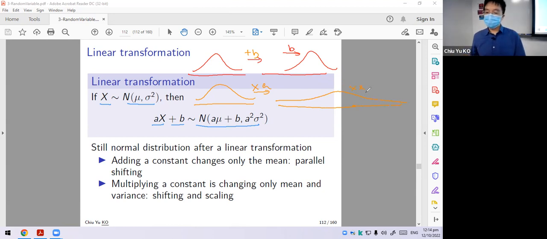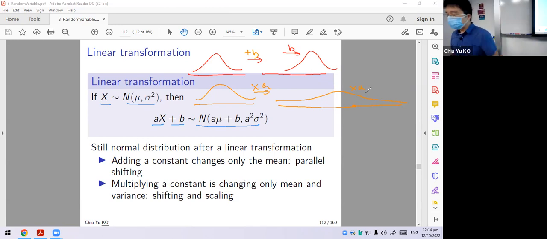This does not hold for many cases. Suppose exponential: you add a number there, and it's no longer exponential, because exponential must be between 0 and infinity. Same as binomial: you add something, and it's no longer binomial.